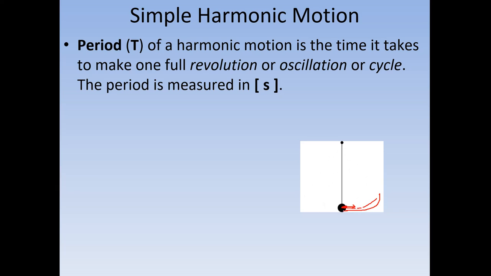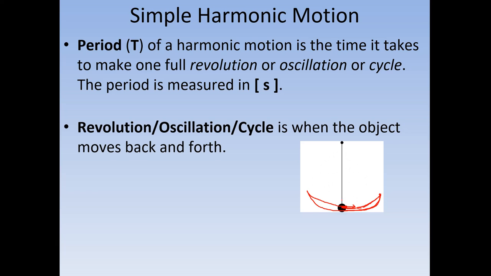Well, even though it's back at that equilibrium point, it's moving in the opposite direction. So in this case, if I want a full cycle, it would have to go to the right, down, to the left, and then back. Again, it has to return back to the same state it was in. So it's not just the physical point it passed, but also making sure that it's going in that same direction it was originally.